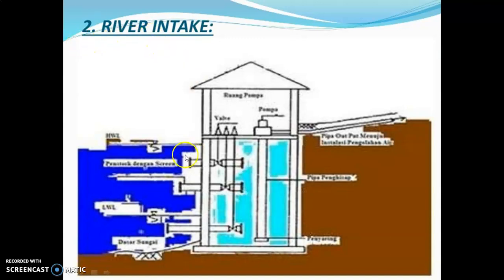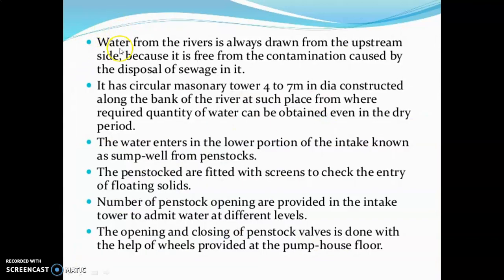Then river intake, let's see in this figure. Water from rivers is always drawn from the upstream side because it is free from contamination caused by the disposal of sewage. It has a circular masonry tower 4 to 7 meters in diameter constructed along the bank of the river at such a place from where the required quantity of water can be obtained even in the dry period.